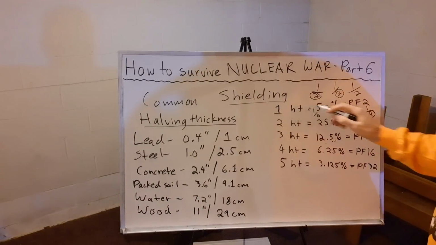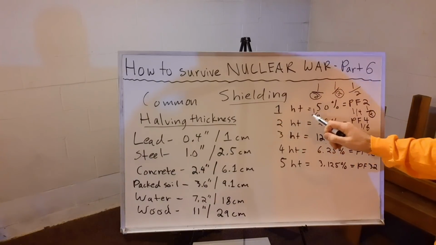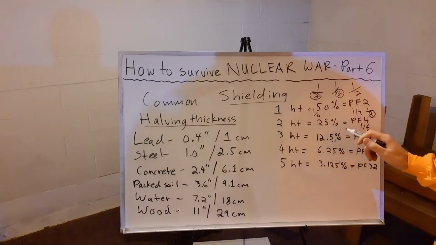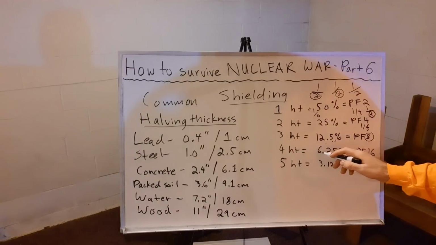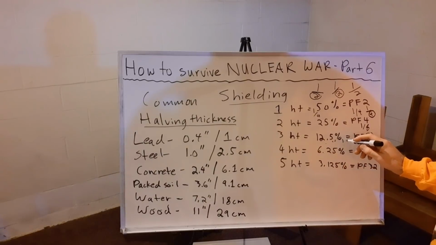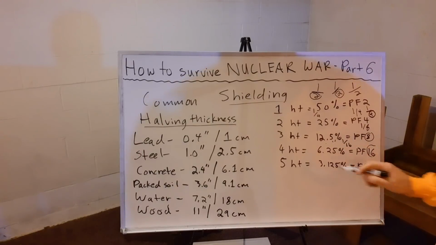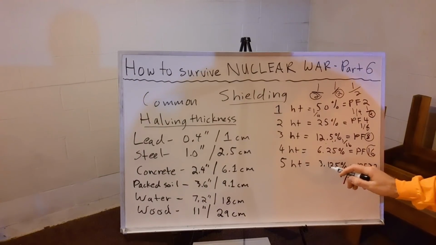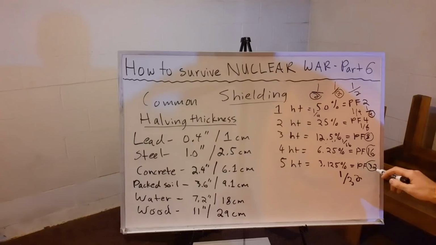So 1 halving thickness, we're getting 1/2 of the radiation. 2 halving thicknesses, we're getting 1/4 of the radiation. 3 halving thicknesses, we're getting 1/8 of the radiation, or a protection factor of 8. 4 halving thicknesses, we're getting 1/16 of the radiation, or a protection factor of 16. 5 halving thicknesses, we're getting 1/32 of the radiation, or 3.125% of the radiation, and that gives us a protection factor of 32.